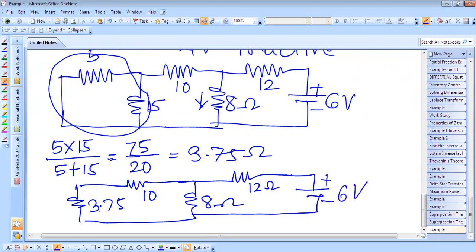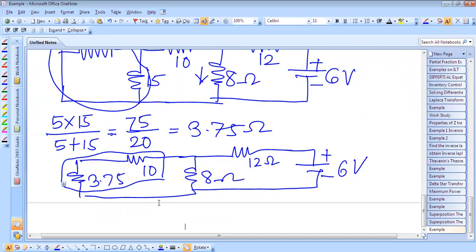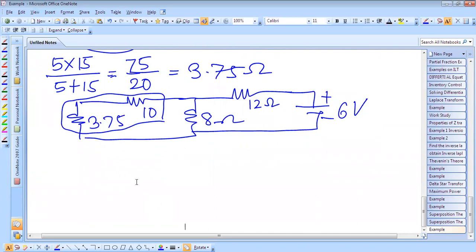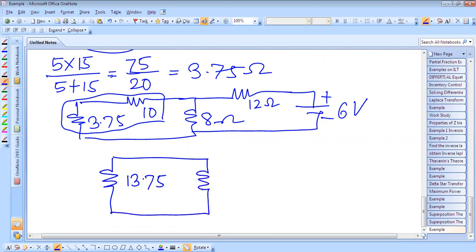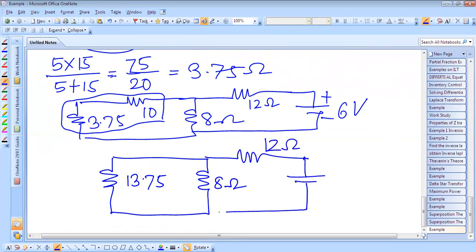So now this is again in series. So the resistance will become 13.75, which will be in parallel with the 8 ohm resistor.